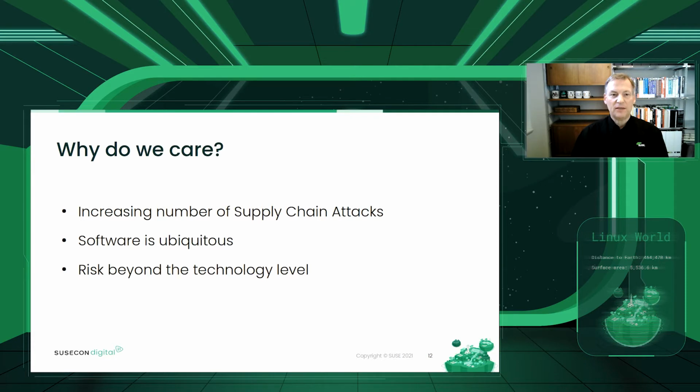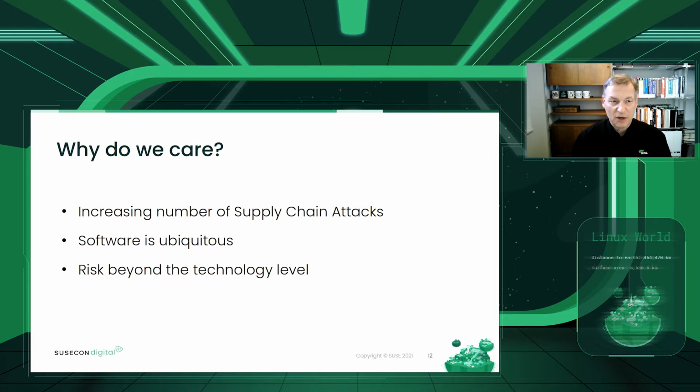We do care because there is an increasing number of supply chain attacks that we have seen just recently. I don't think I need to mention all the separate names, starting with Solarwinds and whatnot. Second point is that software is ubiquitous.